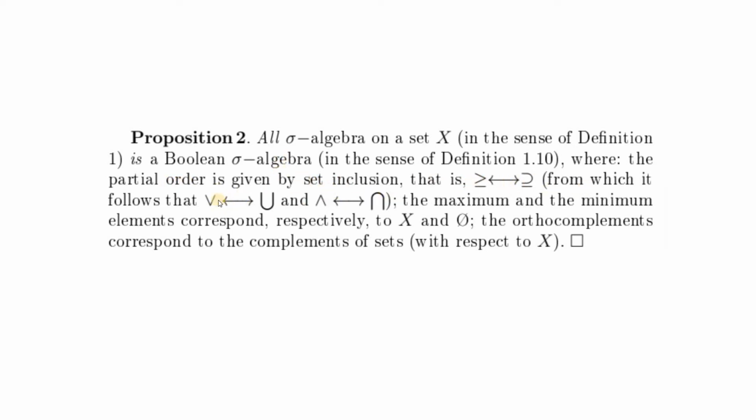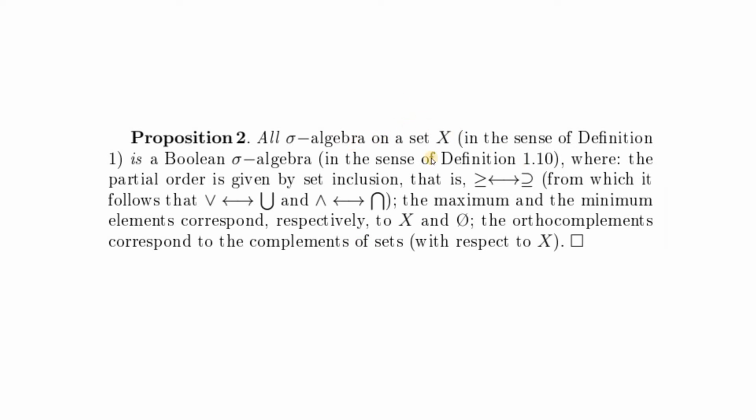So we get the following identifications: OR is the union of sets, AND is the intersection. The maximum and minimum correspond to the whole set and to the empty set, and ortho complements correspond to the complement set.